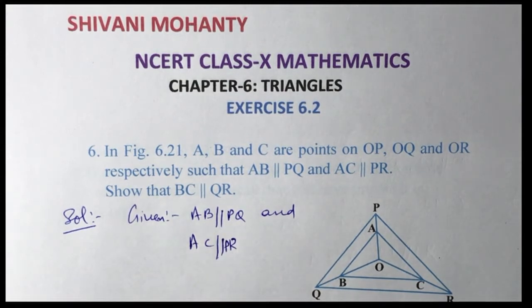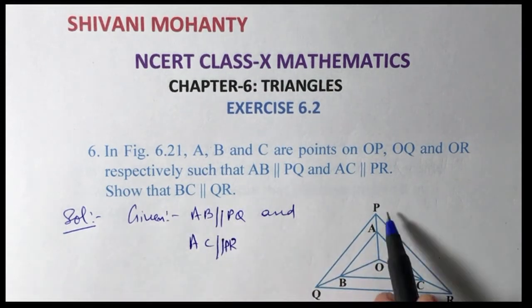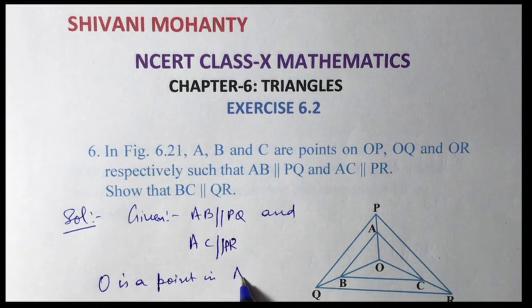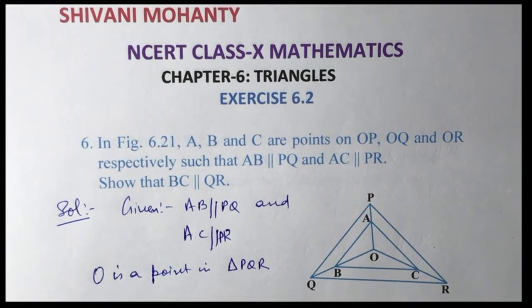And what else is given? O is a point inside triangle PQR. These are the things that are being given.